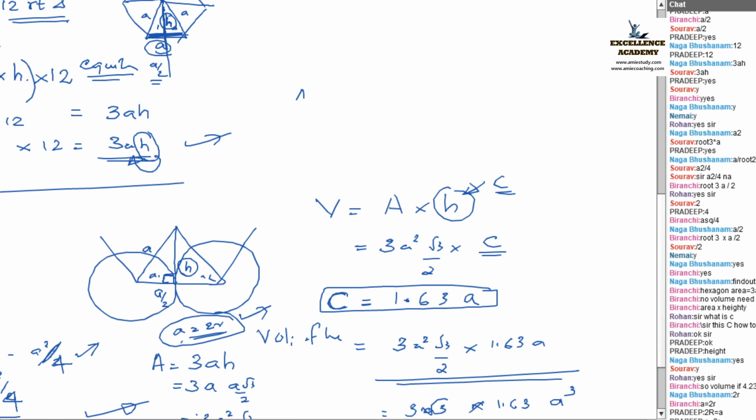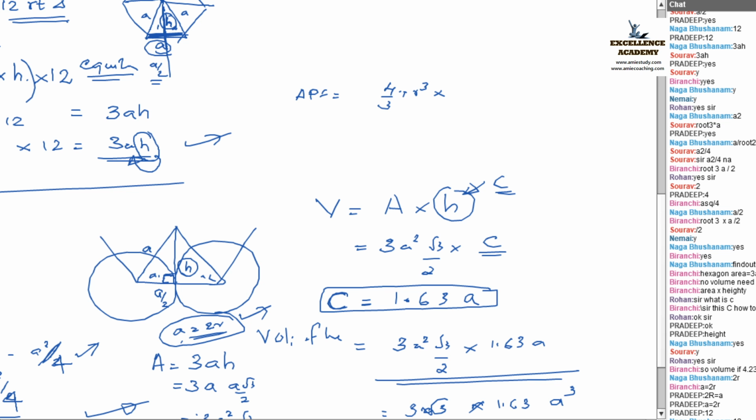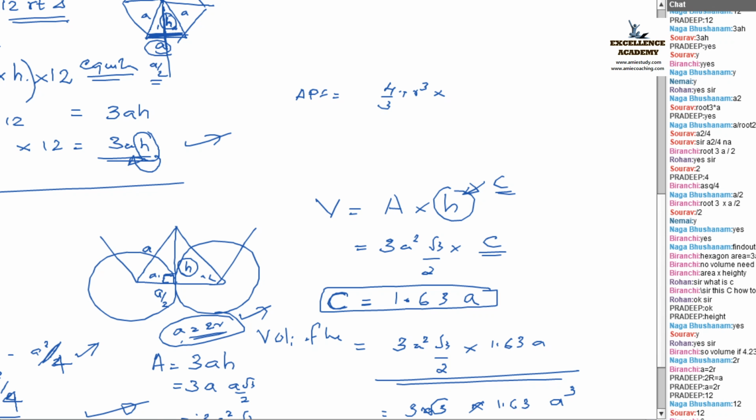So the value of APF equals 4 by 3 pi r cube multiplied with the number of atoms. Give me the effective number of atoms. Pradeep says that it is 12. What about others' opinion? Viranji says that 6.